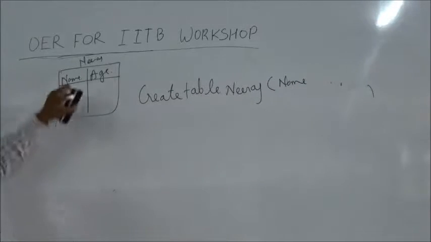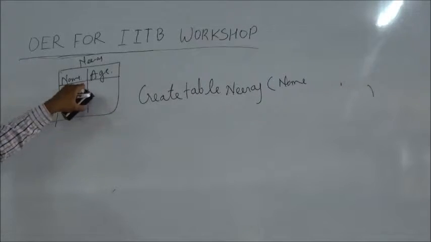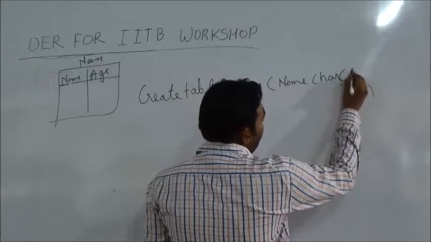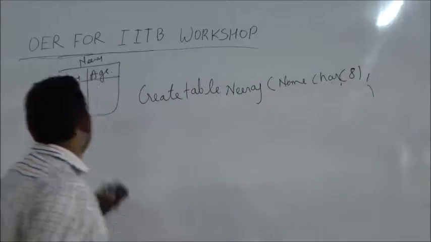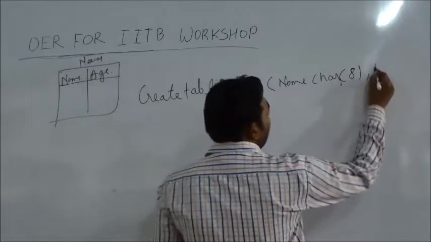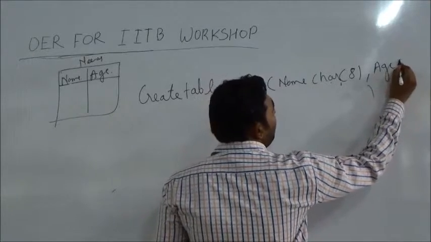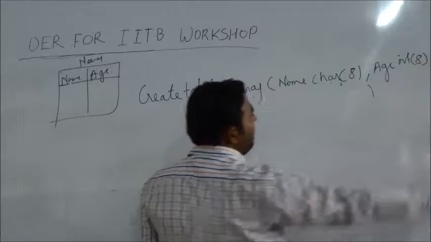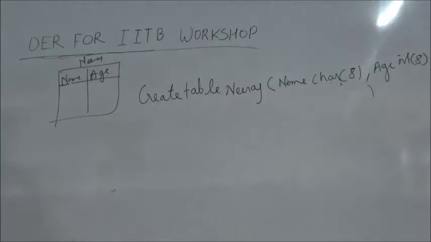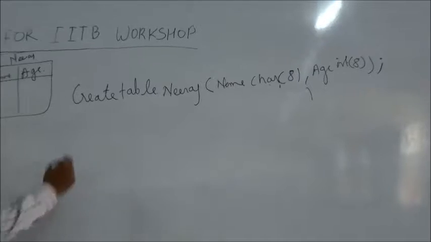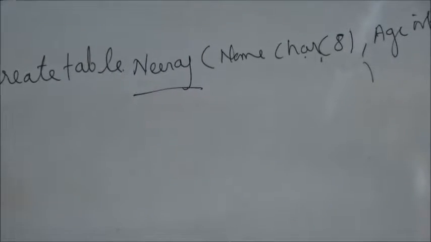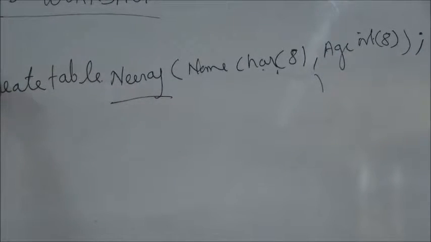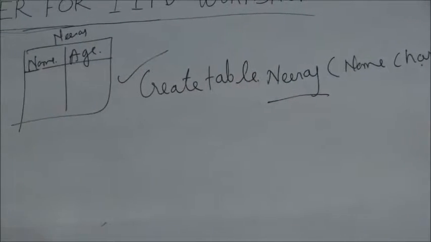Which type of data type will it take? It will take character, so we specify character and its range. Next is age. We specify age, which will take integer, then close the bracket and end. With the help of this query, we will make a table with the name Neeraj having two attributes, name and age. So this is a query with the help of which we can create a table.